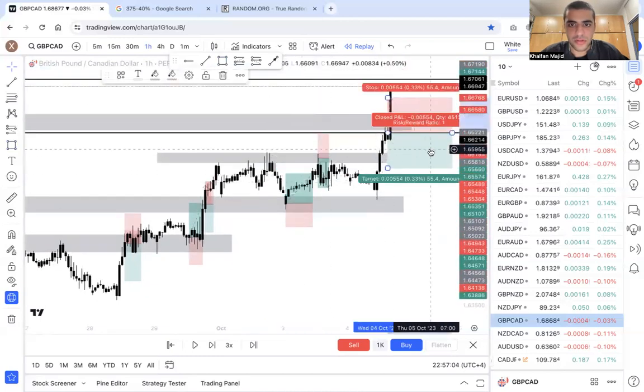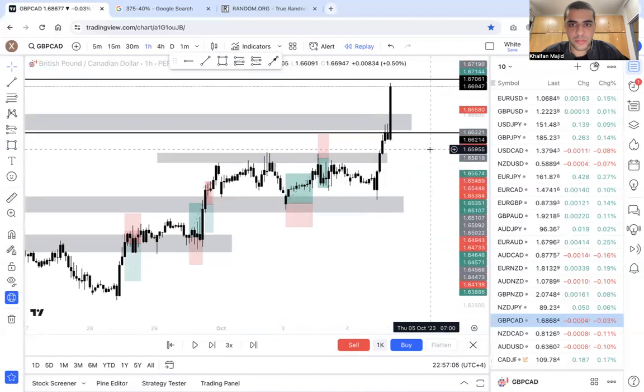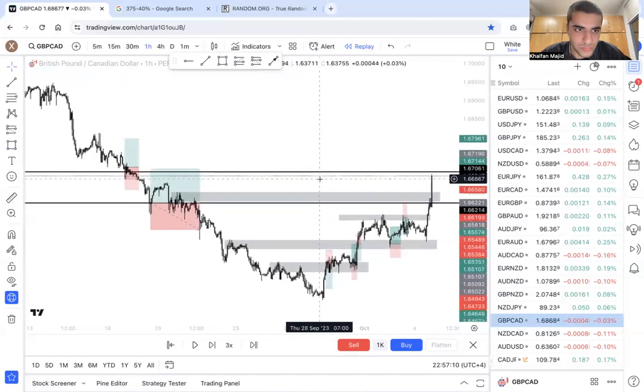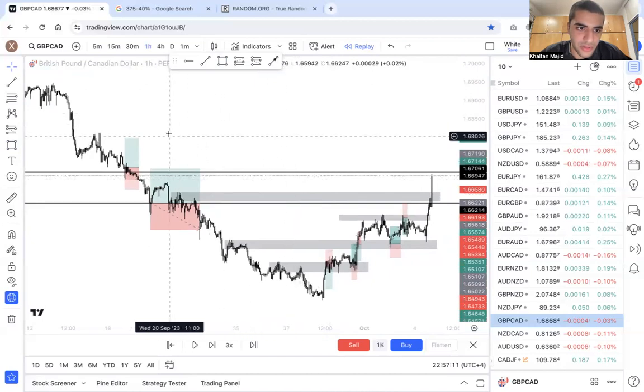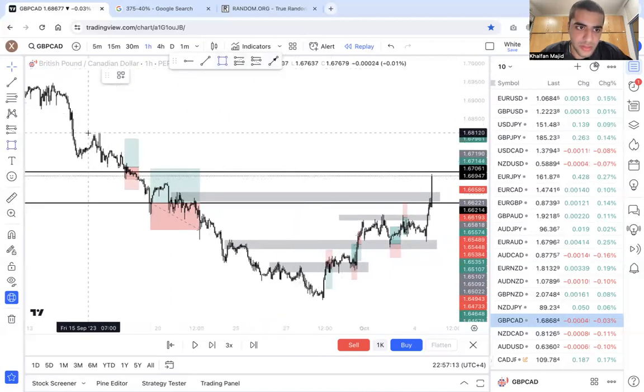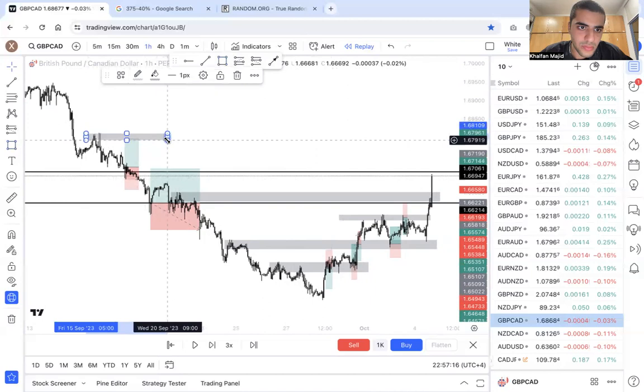Yes, that is why I didn't enter. So I don't see clear zones, honestly, man. I see these zones though.